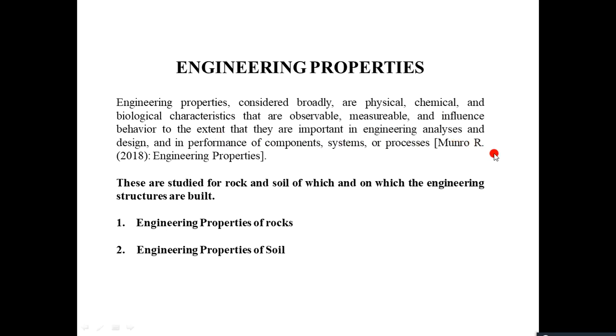This is the definition given by Munro in 2018 to understand the engineering properties of a rock on which any foundation is being built. Okay, so these can be divided into engineering properties of rocks and engineering properties of soils.